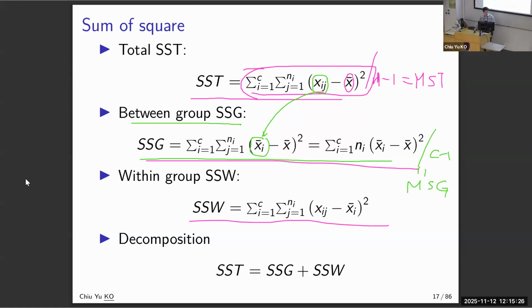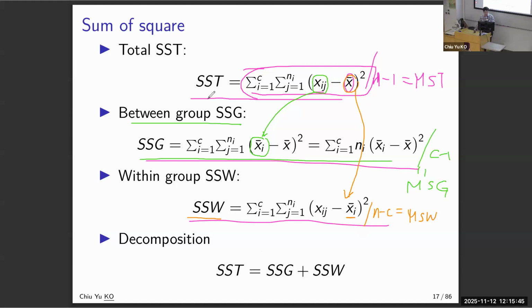Lastly, you have this SSW, where instead of replacing the first one, you replace the grand mean. You replace by each group, and you divide by n minus c. This is called MSW.